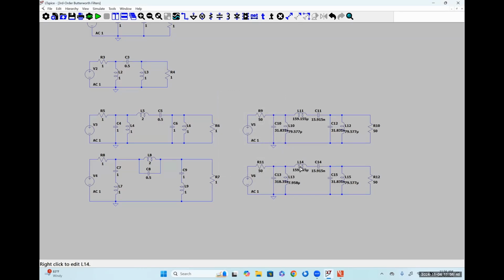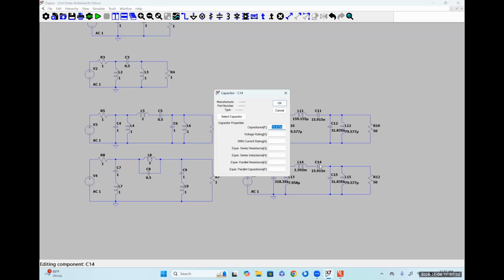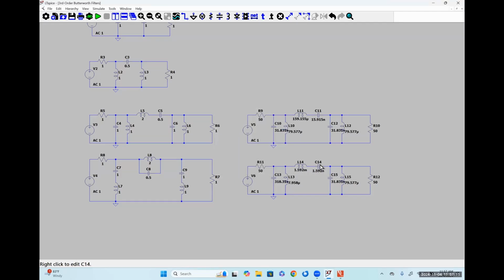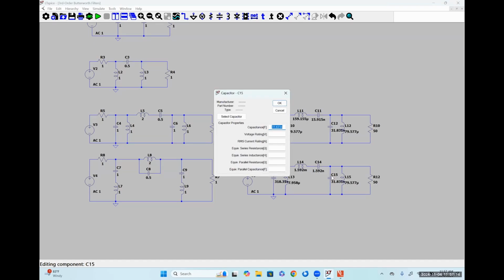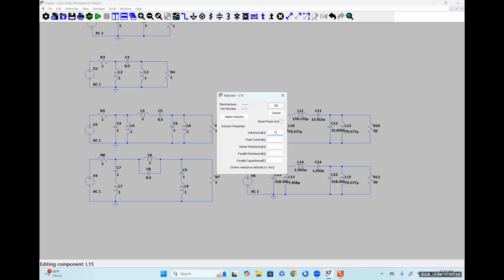This guy gets multiplied by a factor of 10, so it's going to look like 1.592 milli. This guy gets divided by a factor of 10, so 1.592 nano. Multiplied by a factor of 10, so 318.310 nano. And lastly, divided by a factor of 10, so 7.958 micro.